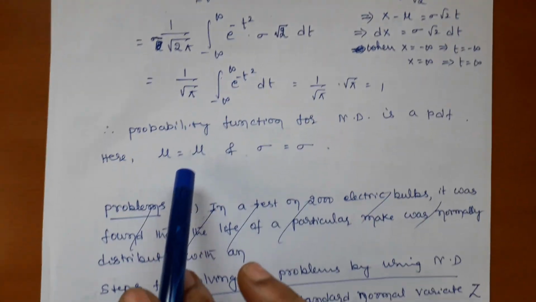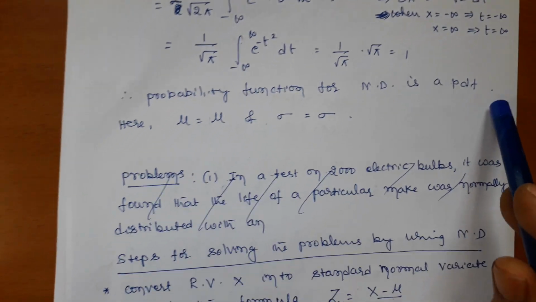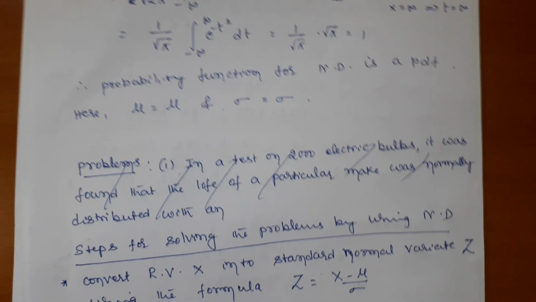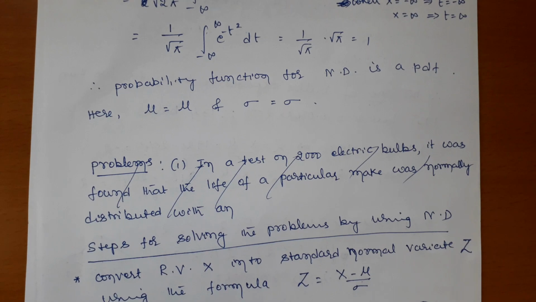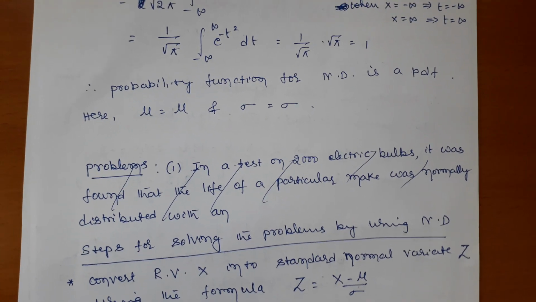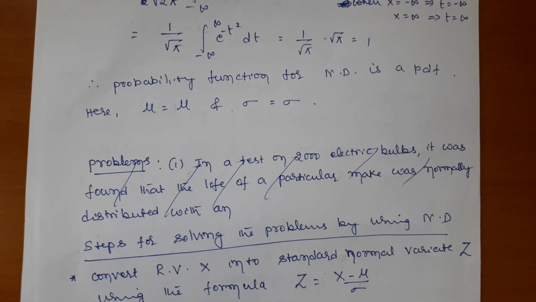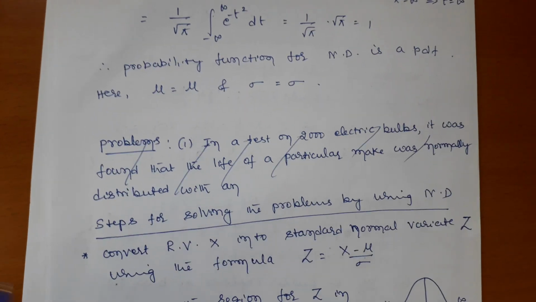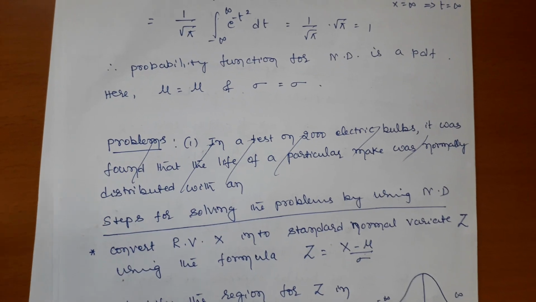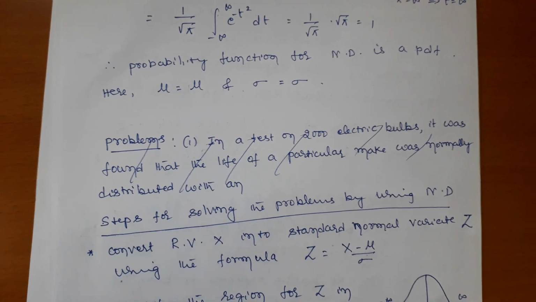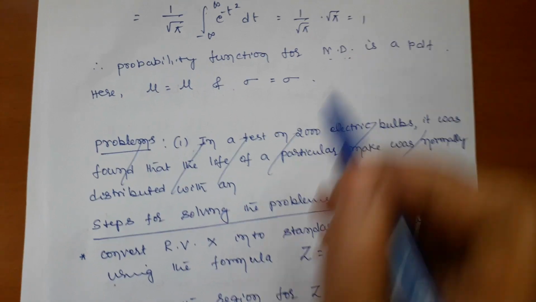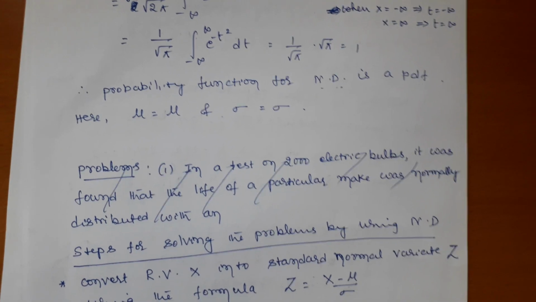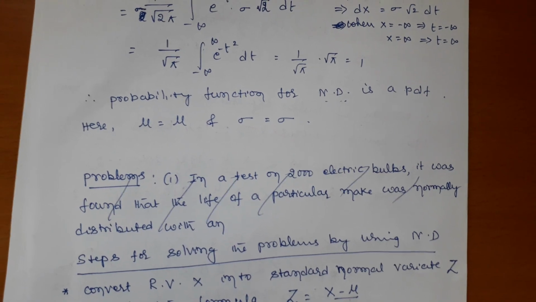Therefore, the probability function for a normal distribution is a PDF because it satisfies both conditions: p of x is greater than or equal to 0 in the range minus infinity to plus infinity, and the integral of p of x dx must be equal to 1. Then we say that the probability function for a normal distribution, N.D. meaning normal distribution (for my convenience I am using that abbreviation), is a PDF.